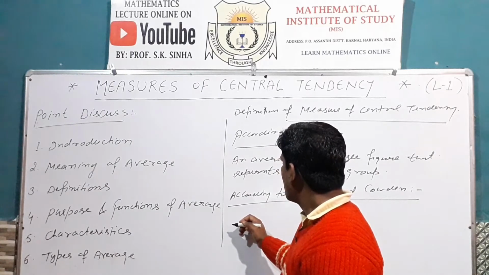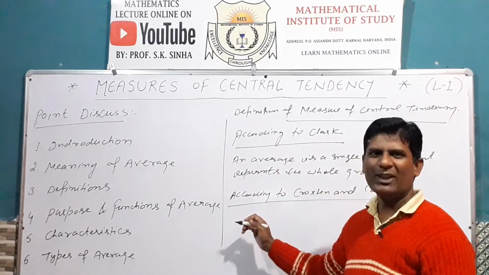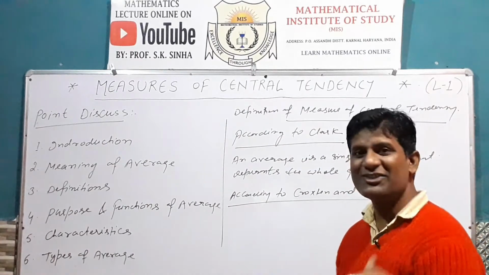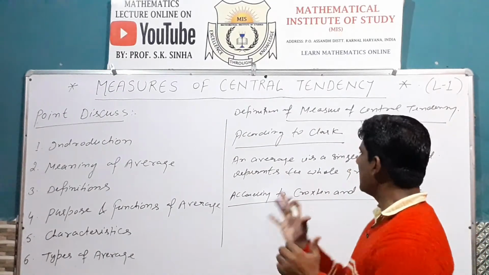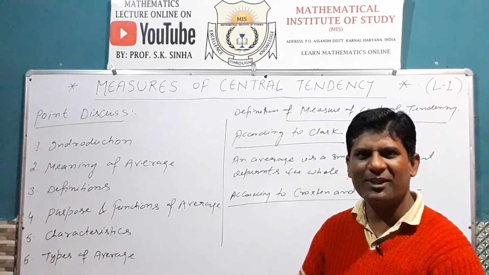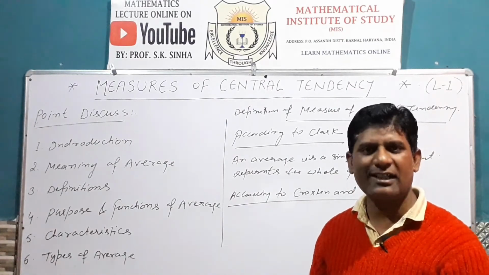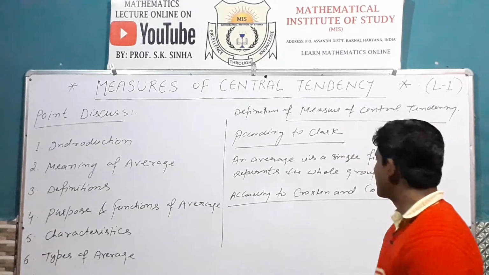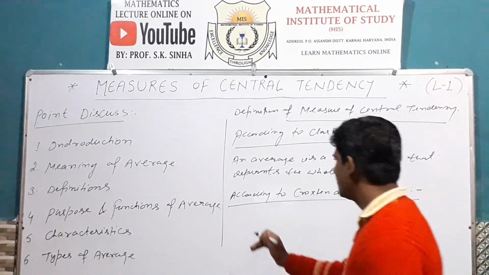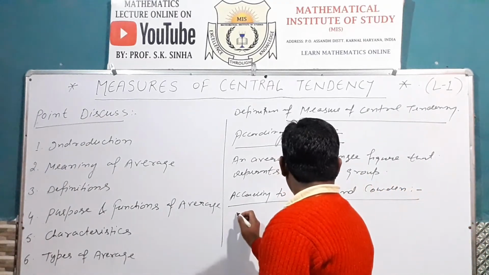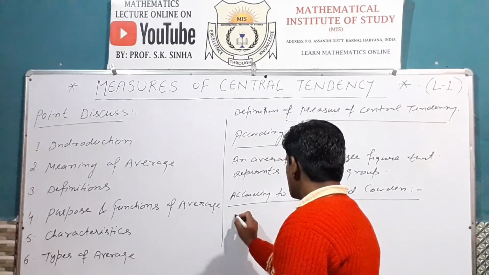The sentence is different, but the meaning of the definition is the same according to Clark and according to Croxton and Cowden. So write down the definition of the measure of central tendency according to Croxton and Cowden.